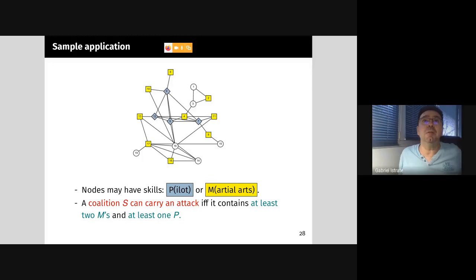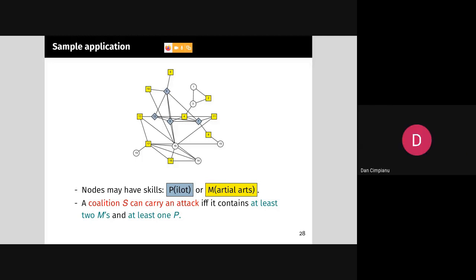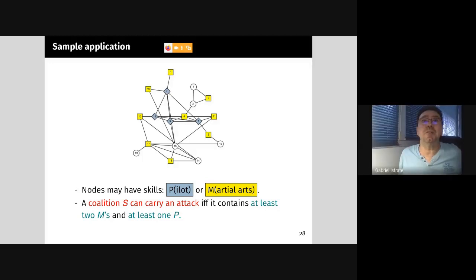Now, can anyone tell me intuitively which is the most connected node in this network? Five. Or maybe 16. Look at 16. It has a lot of connections, and all the neighbors of 16 could start an attack on their own, basically. 5 certainly cannot do that because 5 does not have 2 neighbors who know martial arts.